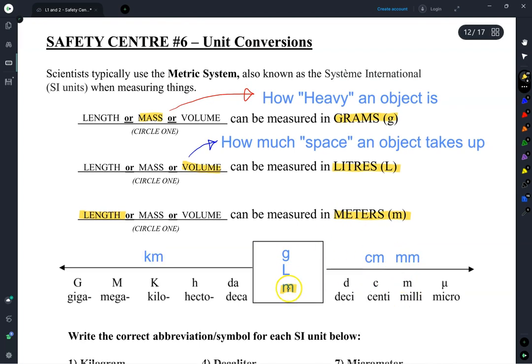Change the units again, and now we have kilometers, centimeters, or millimeters. I think many of you are familiar with the units of bytes, so kilobytes, megabytes, gigabytes of data. So like I said, it's a wonderful system. It measures so many different things.